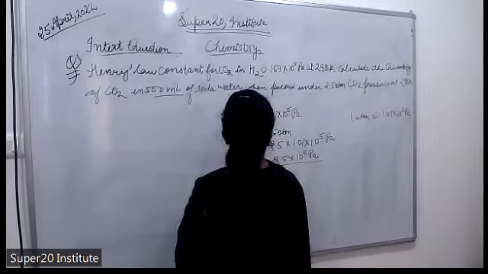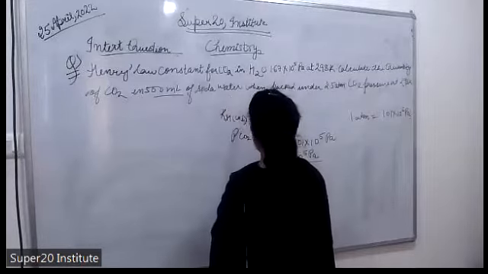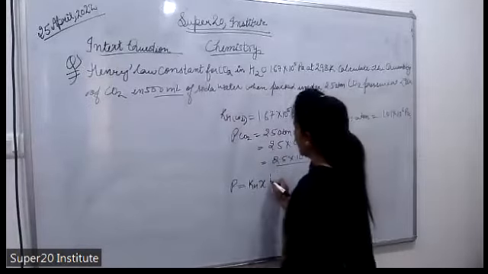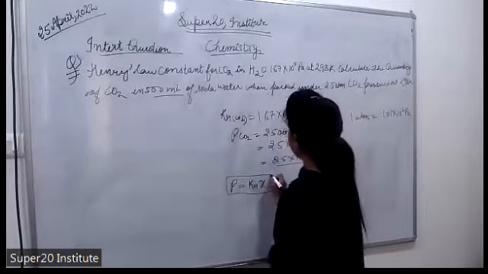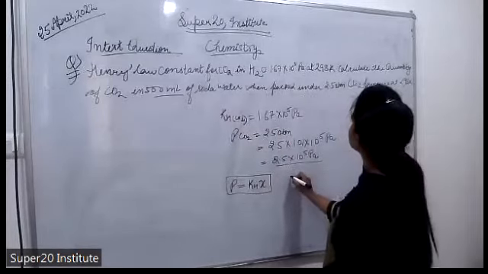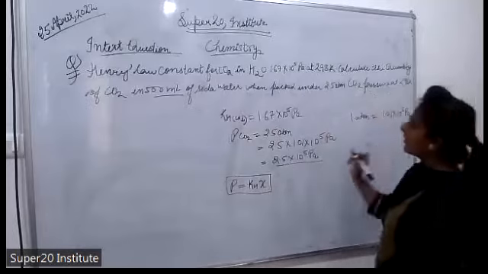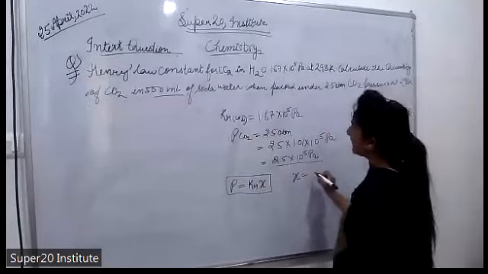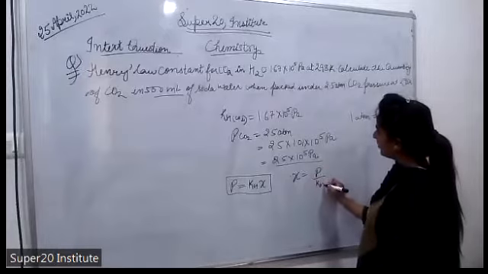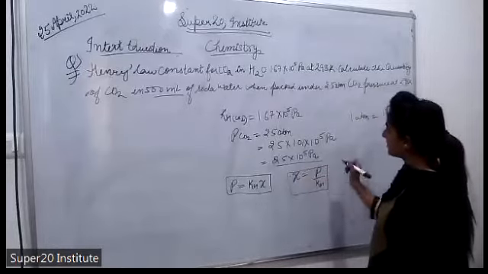Pressure is directly proportional to mole fraction. Now to calculate the quantity, we have to calculate chi, for which the formula P upon KH will be used.